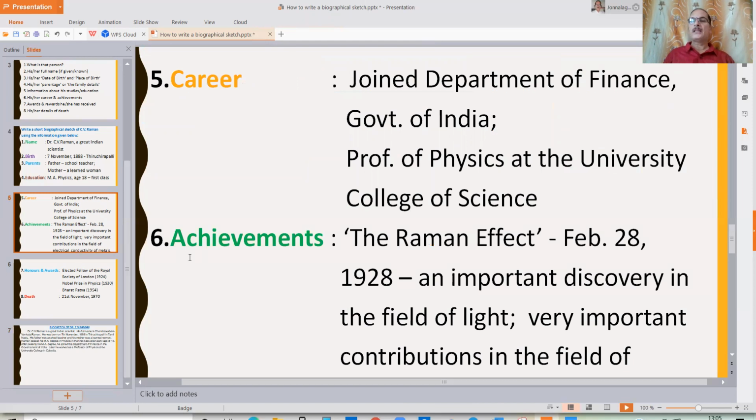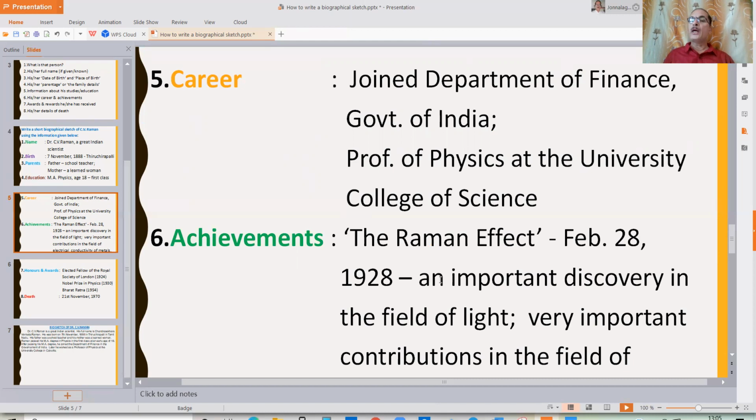We have to write some sentences about his achievements based on the hints given here. If you know some extra information, you can add that also. First of all, basically, what is his discovery? What are his achievements? The Raman effect. That is his first major achievement. When did he make that discovery? February 28, 1928.